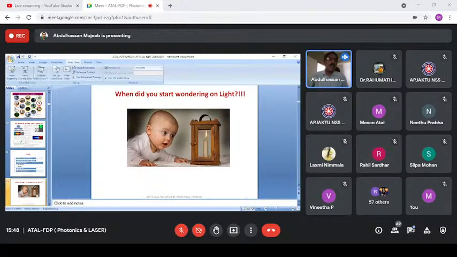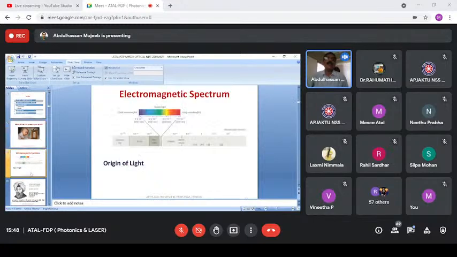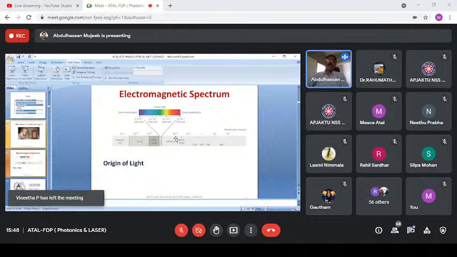So we have been discussing the electromagnetic spectrum. The International School of Photonics mainly discusses the visible area of the electromagnetic spectrum, that is, wavelengths ranging from 400 nanometer to 700 nanometer, or 380 nanometer to 680 nanometer.